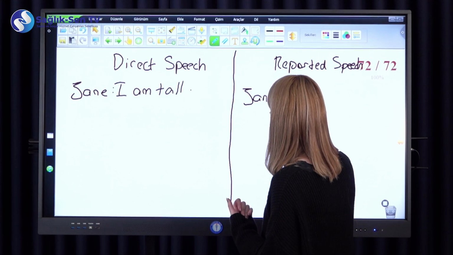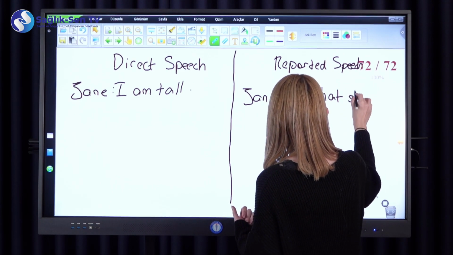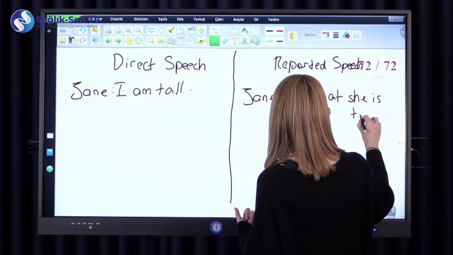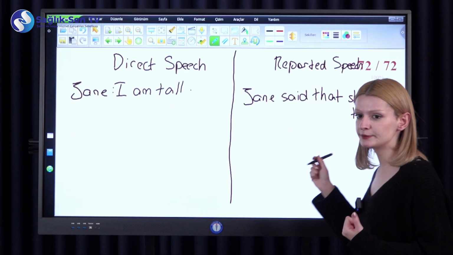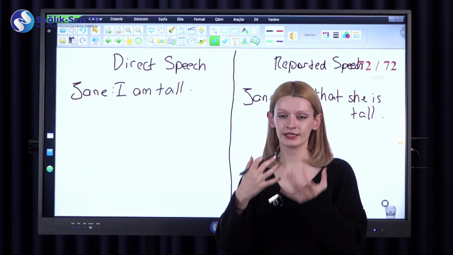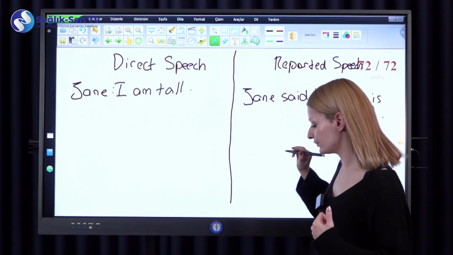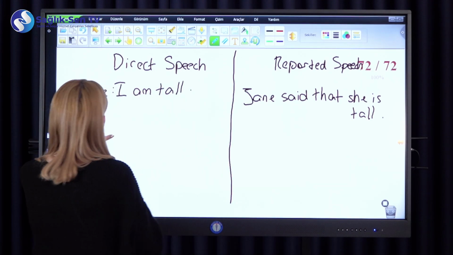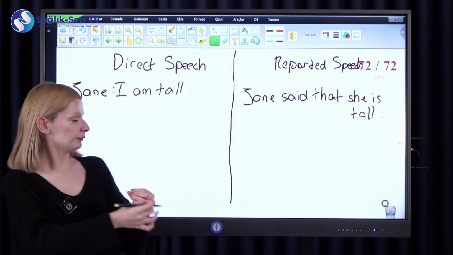Jane said that she is tall. This is reported speech. I retold what Jane said to another person. And direct speech is Jane saying something.